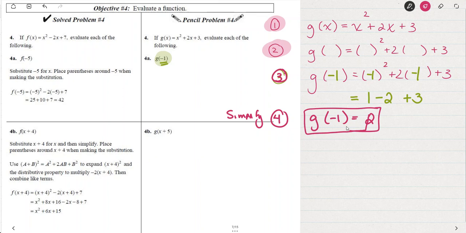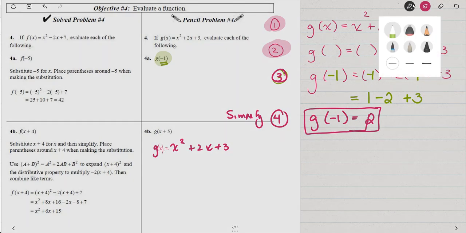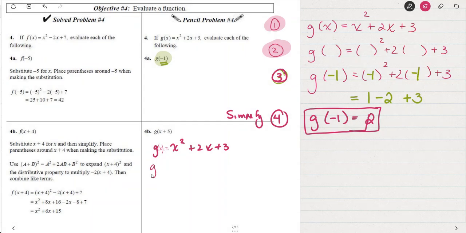This g of x plus 5. First, I'm going to write the function. So first I'm going to write the function g of x equals x squared plus 2x plus 3. Next I'm going to rewrite it, leaving an empty parenthesis for every x.